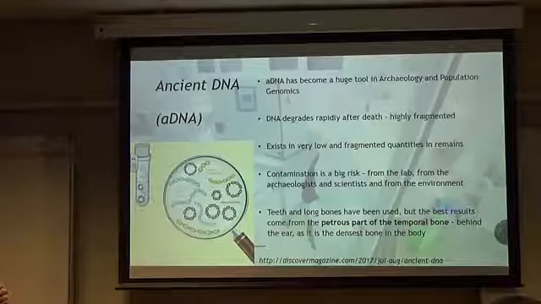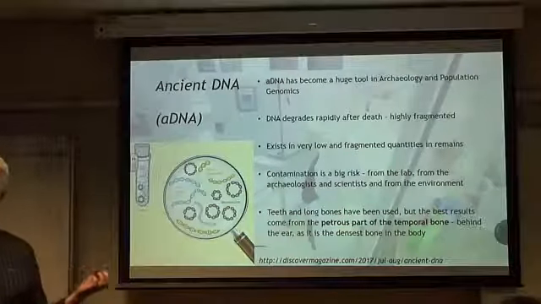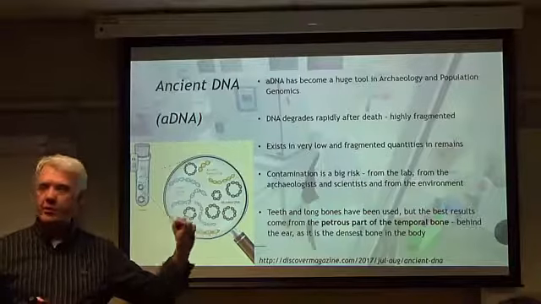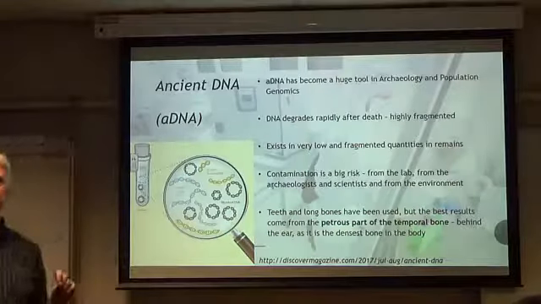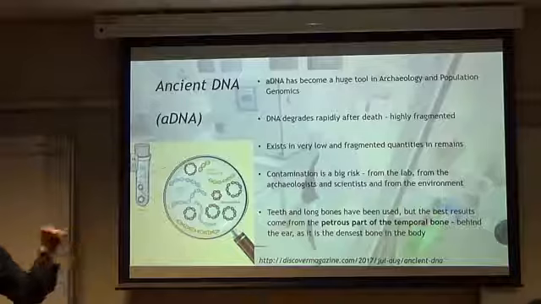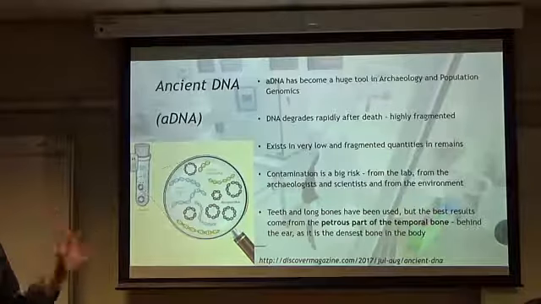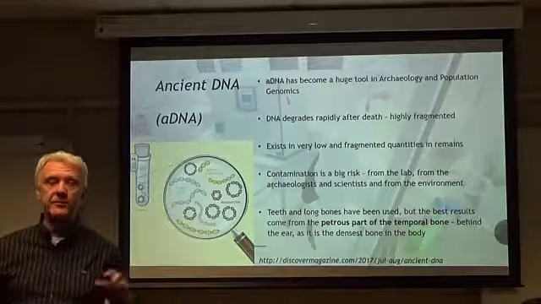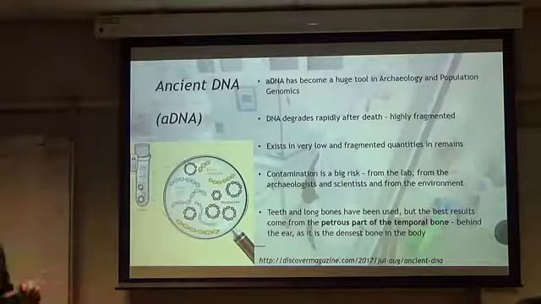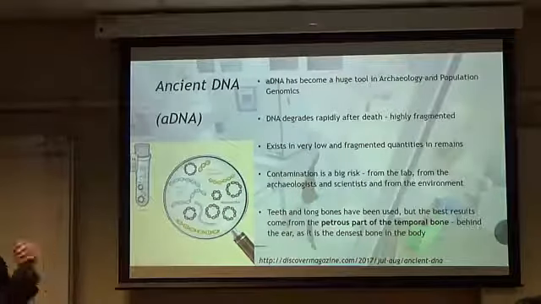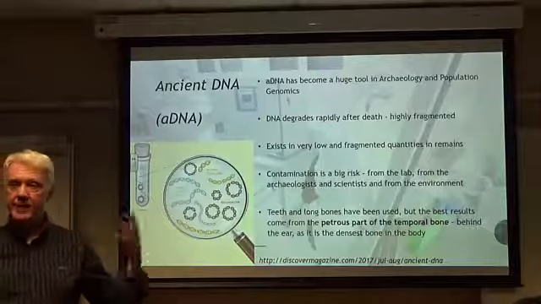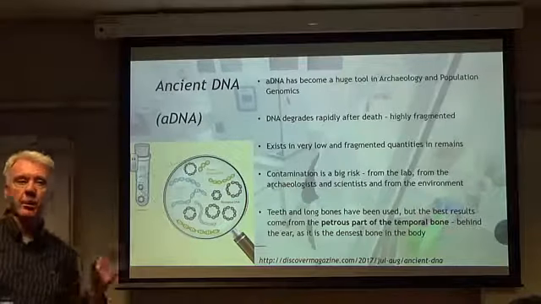And contamination is a big risk, because if you're trying to take these very low amounts of DNA from archaeological specimens, there's big risks that it can be contaminated from your DNA, from the laboratory you're doing the work in, from the general environment, and you may end up getting contamination, misreads from modern DNA.